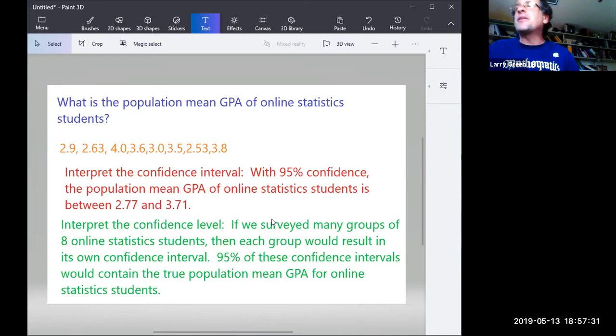And then interpreting the confidence level would be if Gallup did many studies, and by the way, Gallup does many surveys. That's their business. And each one had 1,024 people.